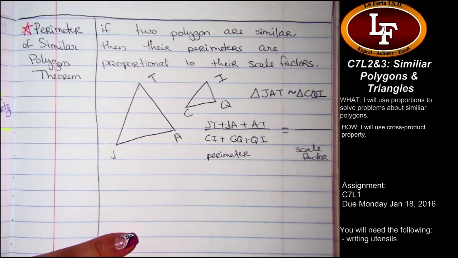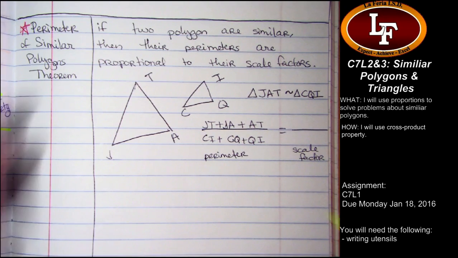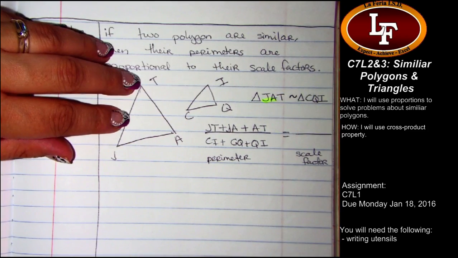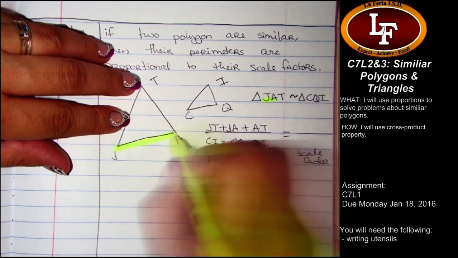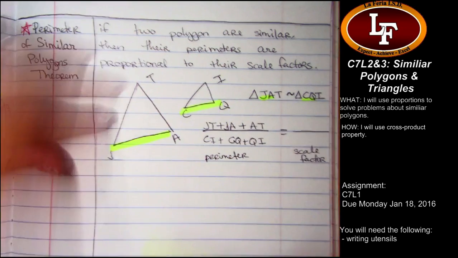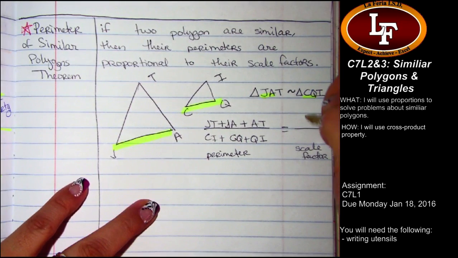Now for the scale factor, it doesn't matter which of the 3 side pairs you use, but please make sure that they are corresponding. So once again, back to my highlighting so that I can see which ones correspond. JA are the first 2 letters of this triangle, and so that corresponds with CQ, the first 2 letters of the other triangle's name. And so I can use that as my scale factor.